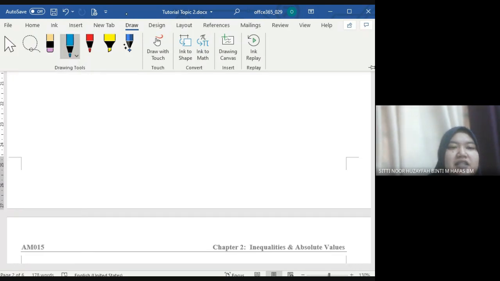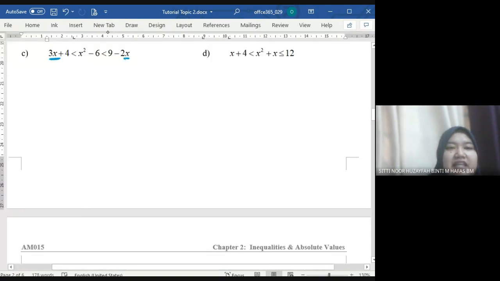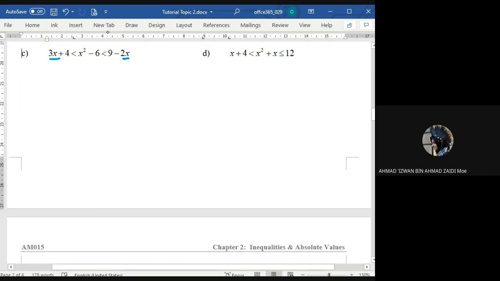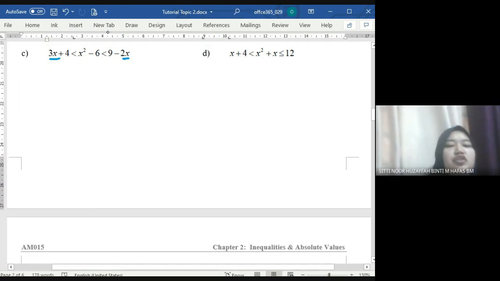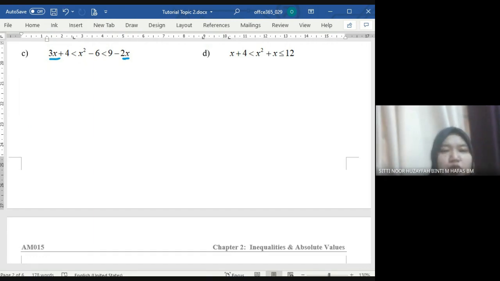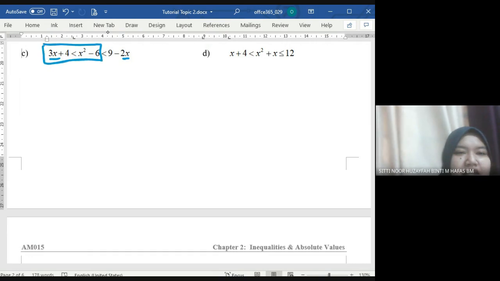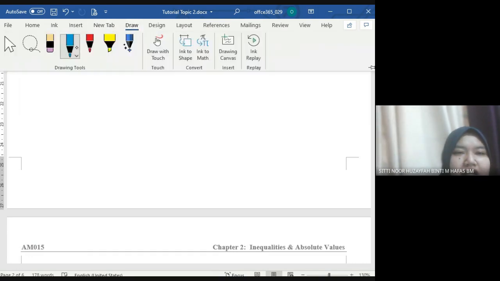Sebab kita ada x dekat kiri dan kanan ni. Bila ada x kiri kanan, kita tak boleh nak selesaikan dia. Nanti kita nak kena tolak 3x kat sini, sini nak kena tambah 2x. Nanti semua terkacau. Benda tu kena buat dekat semua bahagian.